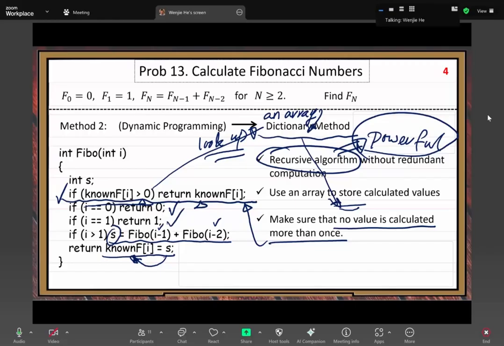Later, after you learn this class, when you work in real-world software development, when you have a chance to implement recursive algorithms, keep in mind you can use the idea of dynamic programming to help you reduce or eliminate redundant calculation, using this dictionary method. So you need to build up your dictionary and use it to avoid redundancy. All right, so that's it.